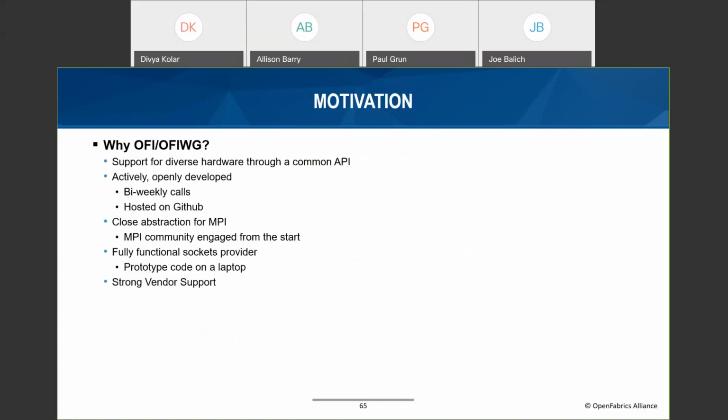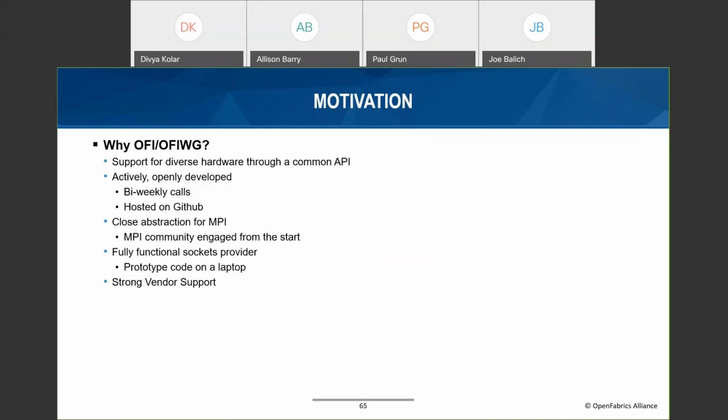We have been using OFI in the MPICH library for quite a long time, and the main reason we decided to adopt Libfabric is that it allows us to support a diverse range of different hardware through a common API. As a library, we don't have to go in and implement all the low-level support for different hardware.